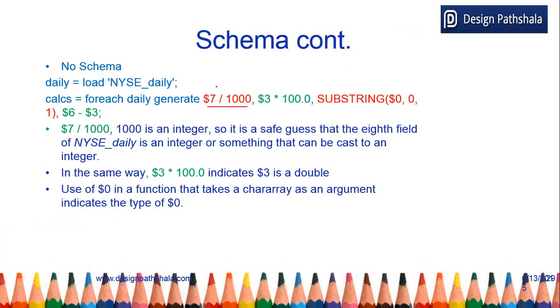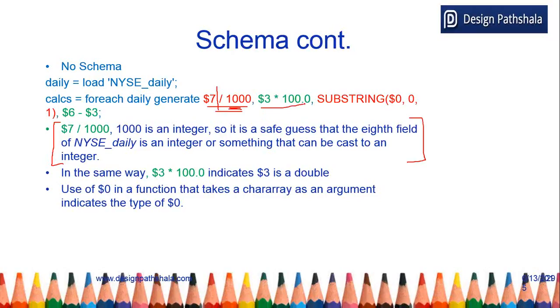So on the 8th column, that is $7, it starts from $0, so $7 is the 8th column. I am saying $7 divided by 1000. As I'm doing a division by 1000, it assumes the 8th column is an integer, and the output of this would be an integer.